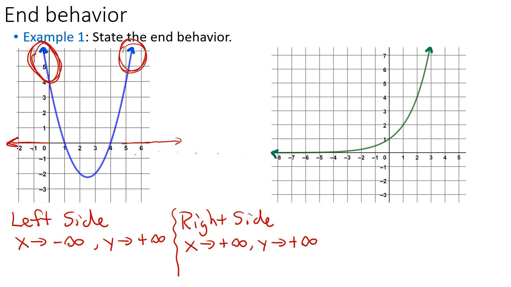If you look at the one on the right, this one's just a little different, but once again, we're still going to look at the left side and then the right side. So left side, once again, as we continue looking to the left of the x, we are using -8, -9, -10, -20, -a billion. It goes on forever. So as x heads towards negative infinity, the question becomes, where does the y head towards?